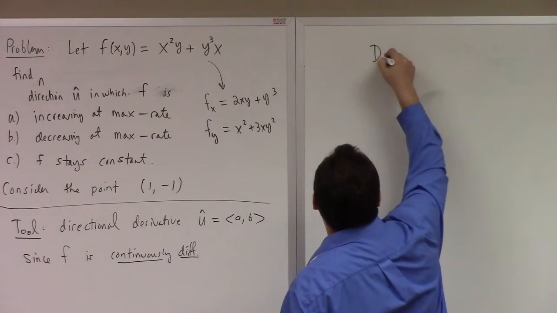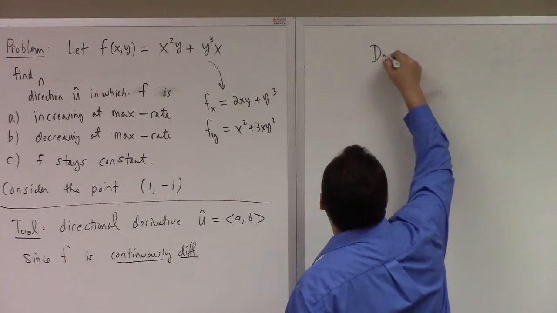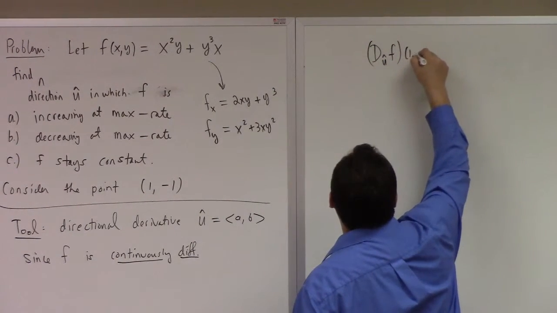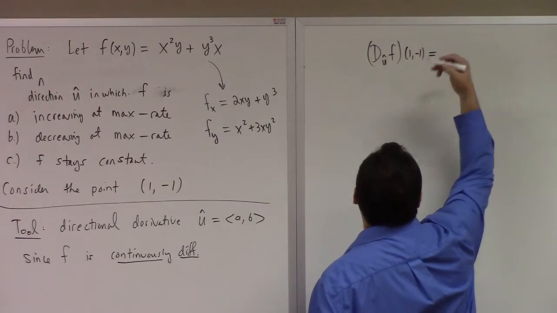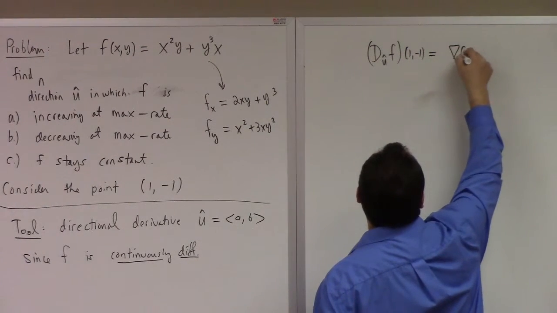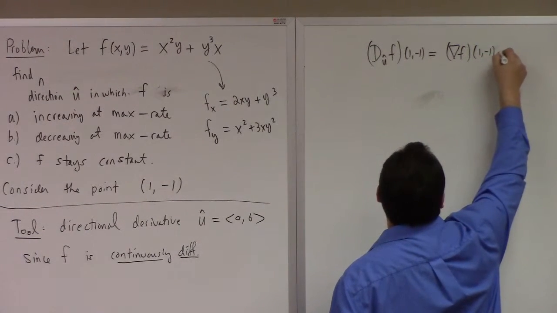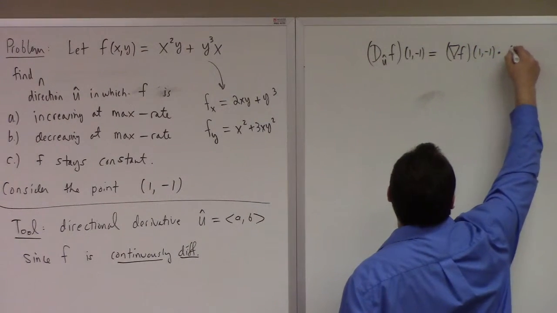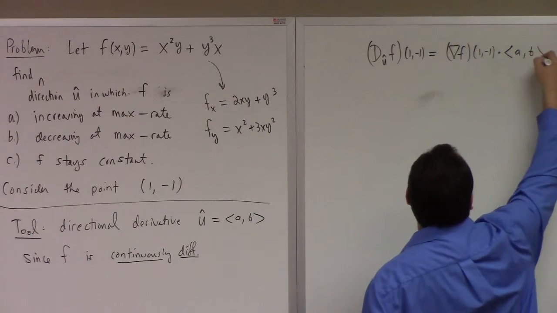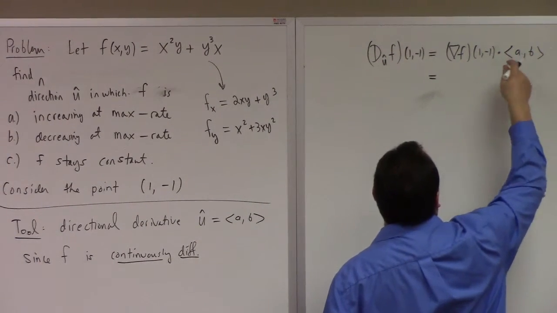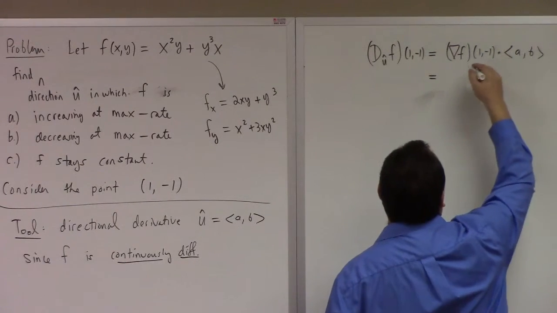So the directional derivative in the u hat direction of f at the point (1, -1) is equal to, this is a theorem, the gradient of f. Take the gradient of f, evaluate at the point (1, -1), and take the dot product with u hat, which in our notation is (a, b), okay?